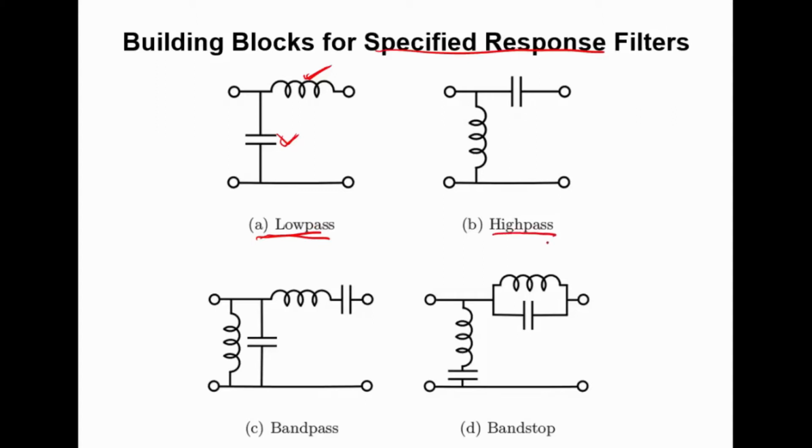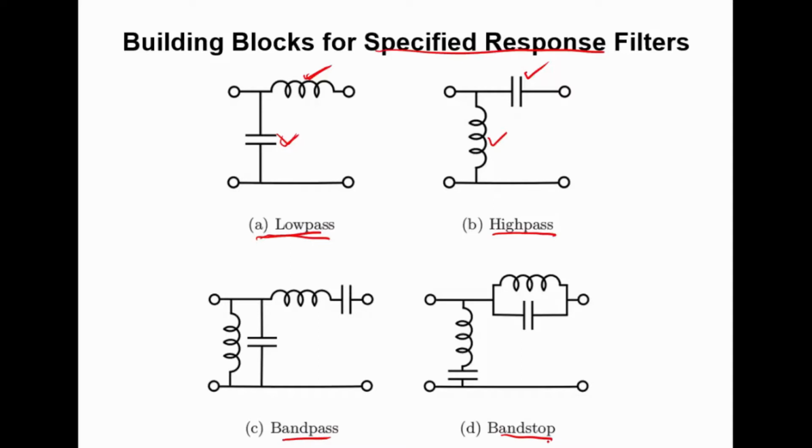Similarly, a high-pass stage in a specified response filter will have an inductor in parallel and a capacitor in series. Either one of these alone would give us high-pass response. Combining the two like this gives us a structure which we can use to implement more degrees of freedom. Similarly, for the bandpass and band stop response, we use both types of LC combinations.